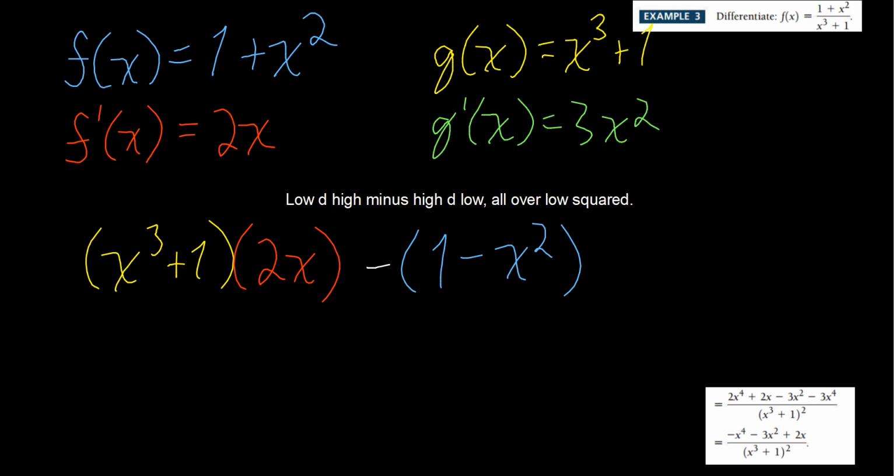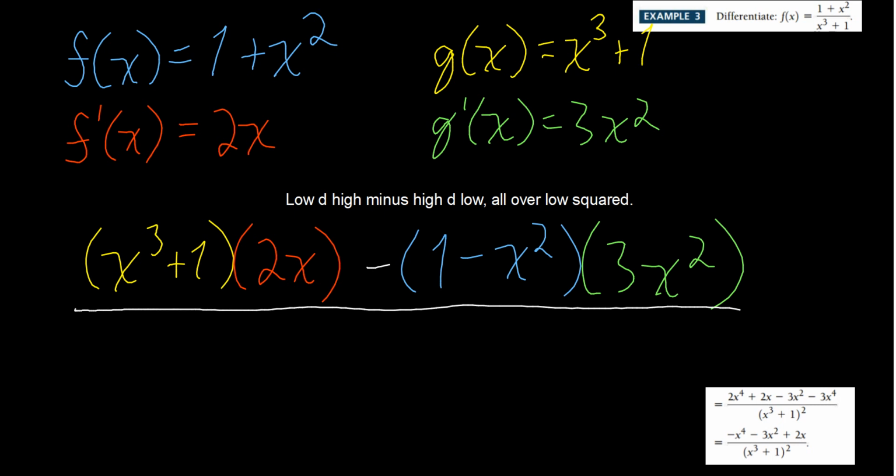And the derivative of the low is 3x squared, and then it's all over low squared, which is x cubed plus 1 squared. Okay. All right, sorry about that. Got a little confused there. It happens.